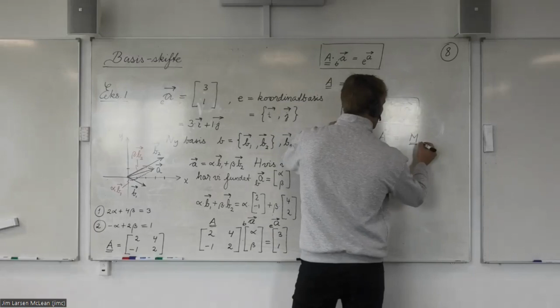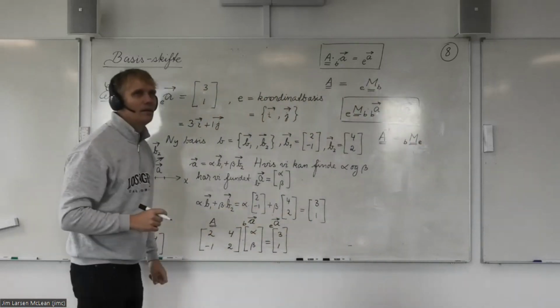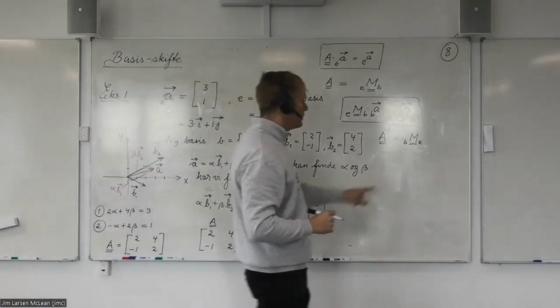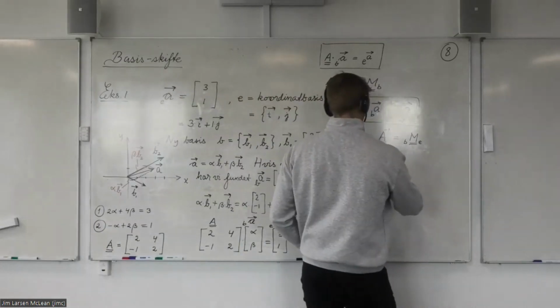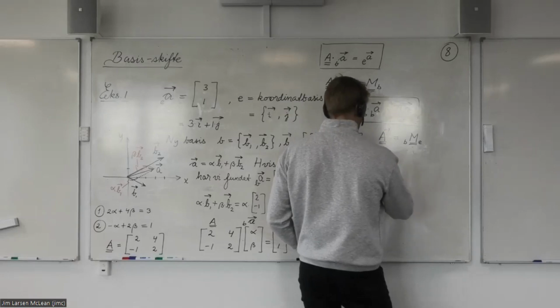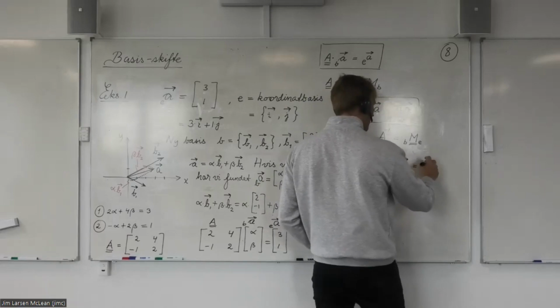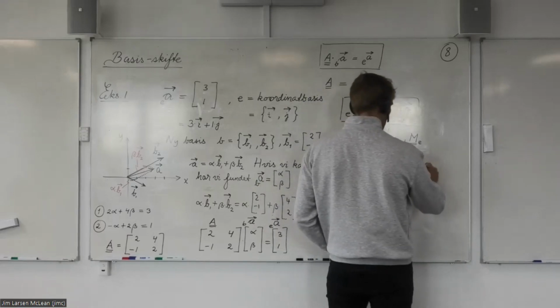So you write E here and B there. And if you use that, you can set this up. You are using M, which goes from E to B coordinates. Now you can multiply by vector A in E coordinates, which is the one we know. And what do you get then? The one you want to find, which is vector A in B coordinates.